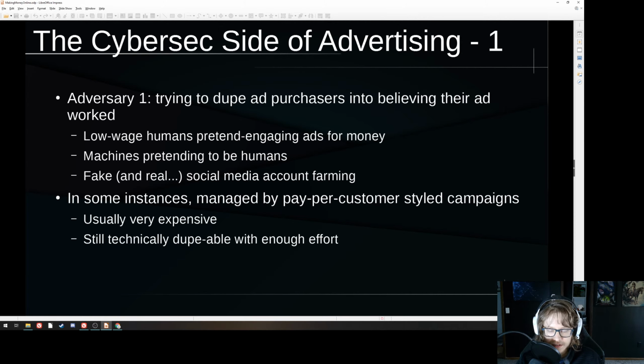In some instances, you can mitigate this by making it so that the advertisement pays out on a per customer basis. This is something that Google has been pushing lately. It's one of their main ways to counter this kind of fraud, that they do what are called managed ad campaigns, where they will basically do your selection of keywords and all of this stuff for you. One of the services that they offer is that rather than you paying per click, you pay per customer conversion.